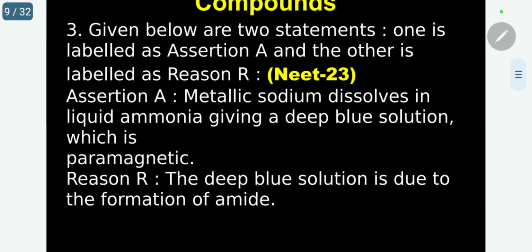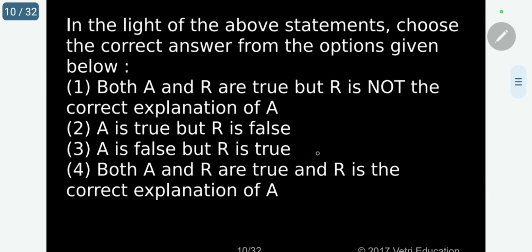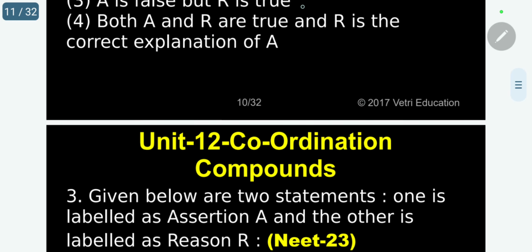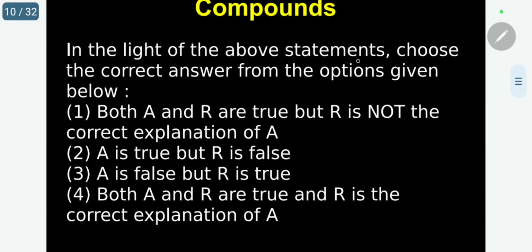Now, in this case, the correct answer is: A is true, but R is false. This is the correct answer.